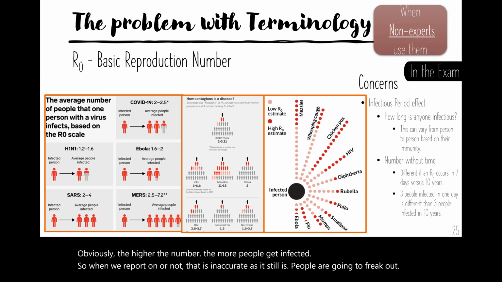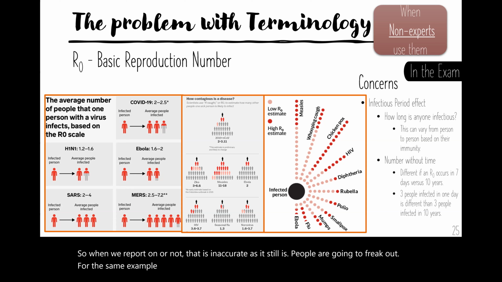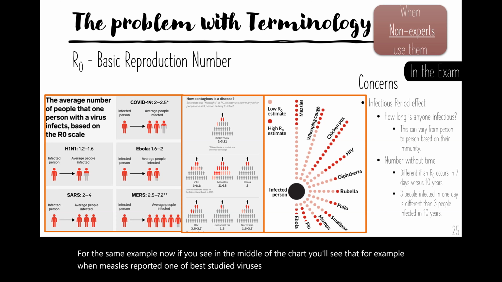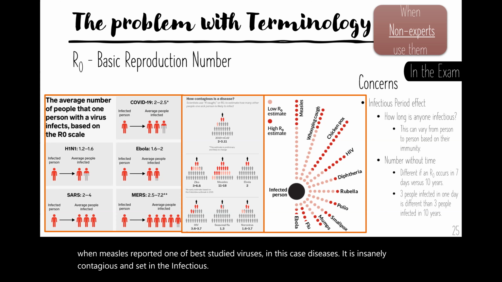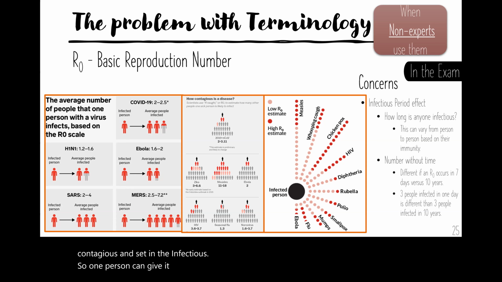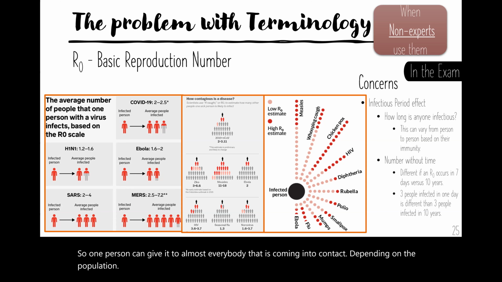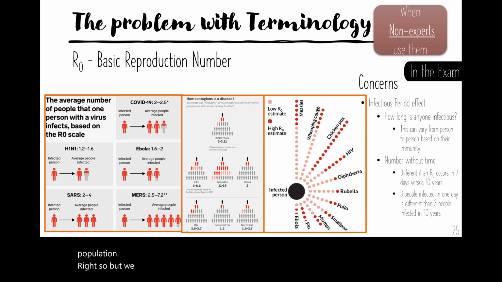For the same example, if you see in the middle of the chart, when measles is reported, one of the best studied viruses and diseases, it is insanely contagious and insanely infectious, right? So one person can give it to almost everybody that is coming into contact, depending on the population, right? But we only know this because we've had hundreds of years to actually estimate that number.